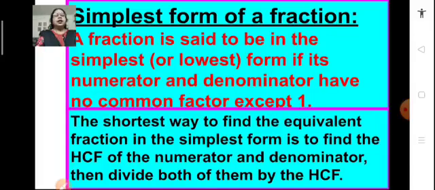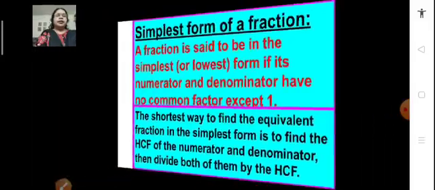We get it by finding the HCF of the numerator and denominator and then dividing both of them by the HCF. So to find the equivalent fraction which is in simplest form, we have to find the HCF of the numerator and denominator and then divide both of them by the HCF.